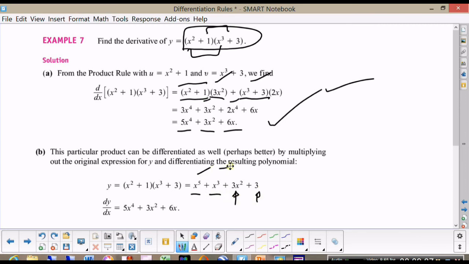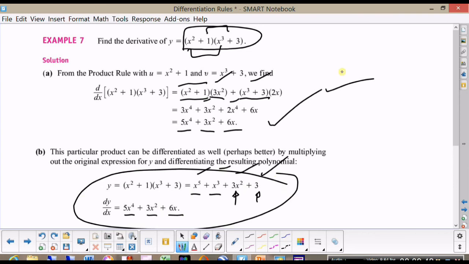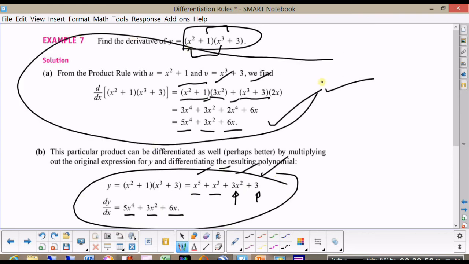Now take the derivative of each of these functions separately, and you get 5x to the fourth plus 3x squared plus 6x, which actually took fewer steps than using the product rule. However, this will not always be the fastest way, but very often if you're multiplying polynomials together, it may be easier to multiply first and then take the derivative.